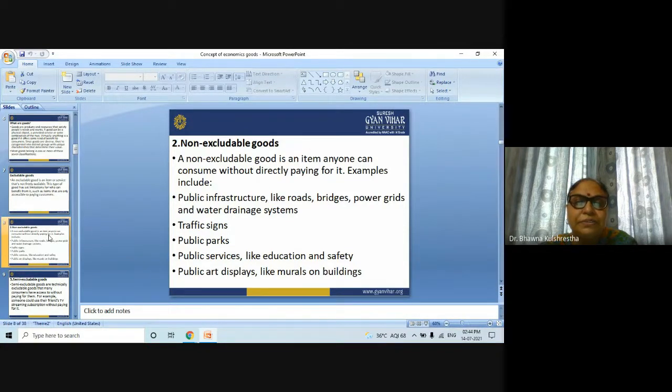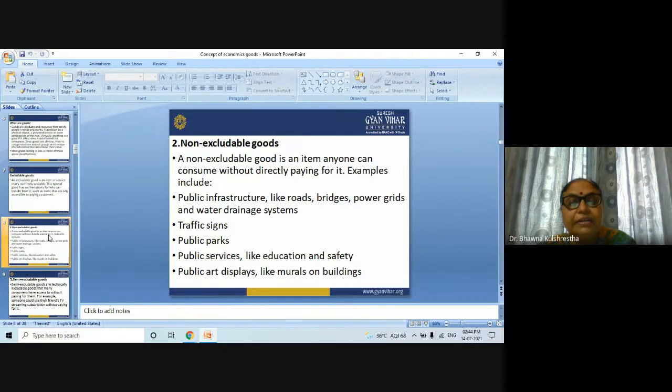Examples include public infrastructure like roads, bridges, power grids, and water drainage systems.